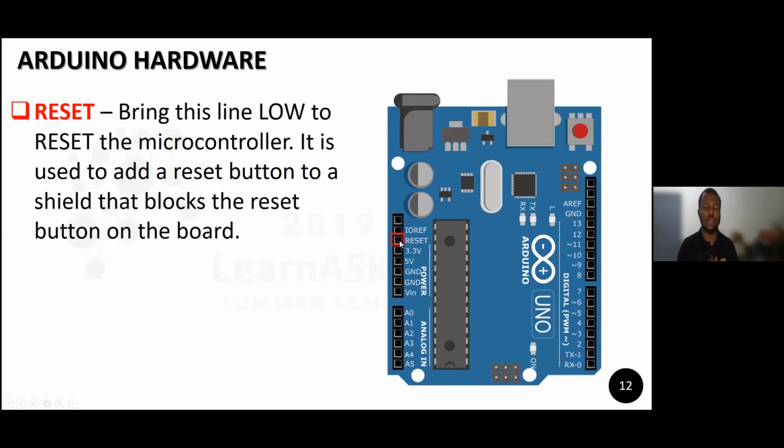And I did explain that when you embed this Arduino in a project, you wouldn't get the chance to be pushing directly on this reset button. So they made it possible for you to interface your own reset button so that you can connect that one outside. Probably you are packaging the project in something, so you can have your own reset button that can function just like the reset button that we have on the board.